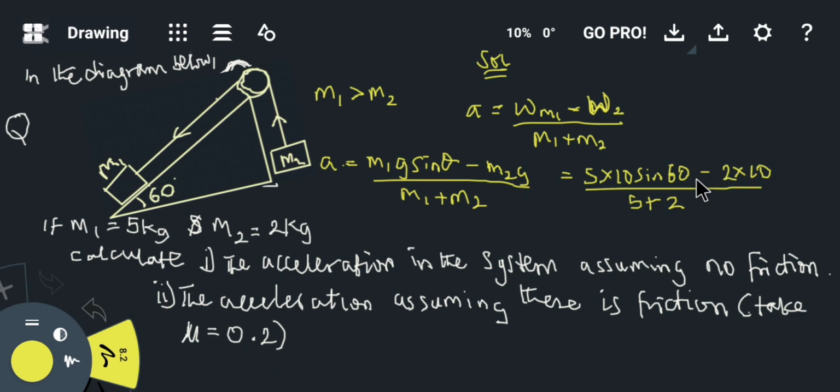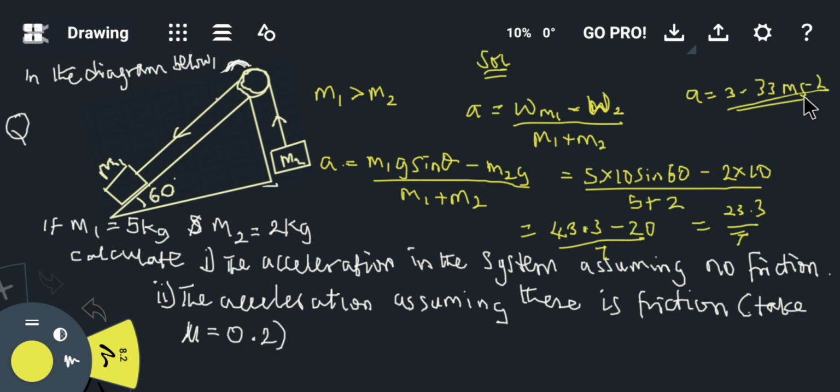If we simplify that, when you multiply 5 times 10 multiplied by sine 60, you have 43.3 minus 20 divided by 7. That's 5 plus 2. Simplifying further, we have 23.3 divided by 7. When we divide that, our acceleration will be given as 3.33 approximately meter per second square.